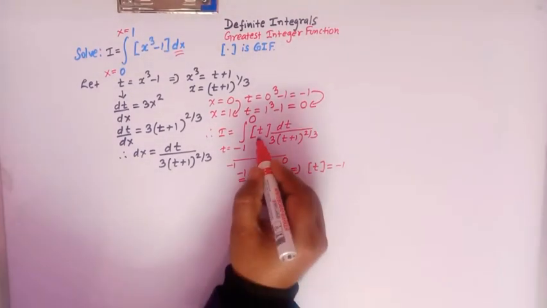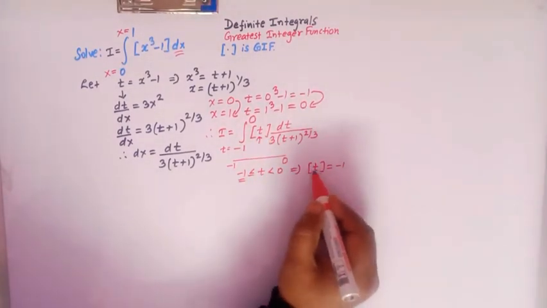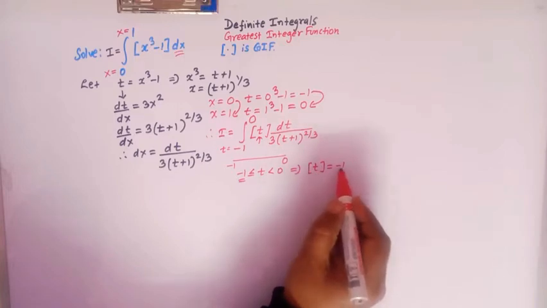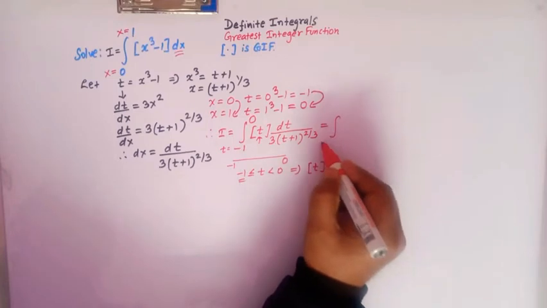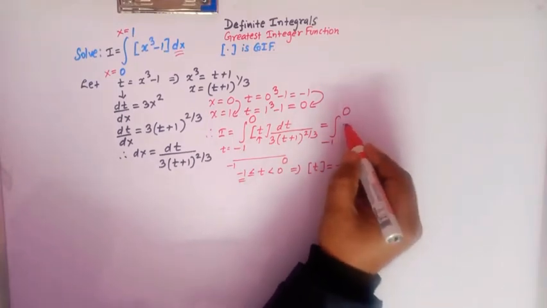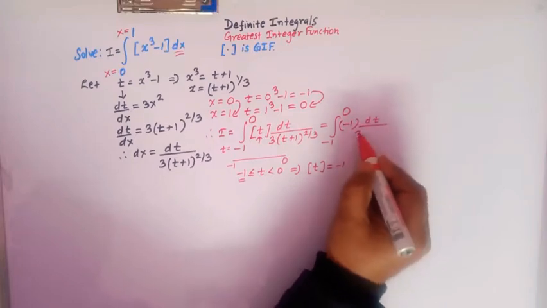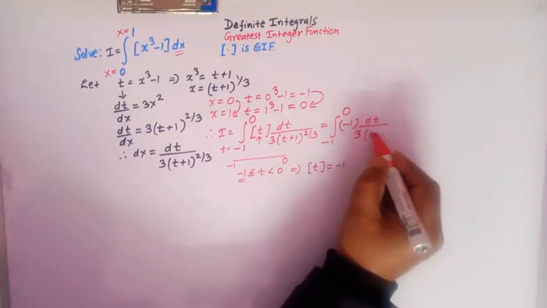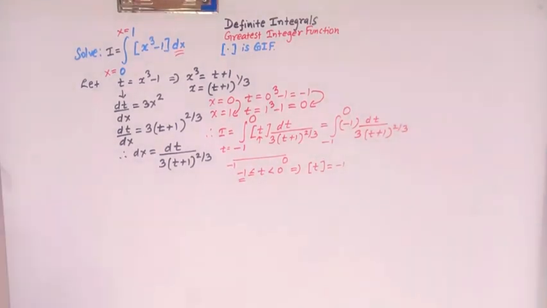So we can substitute for the greatest integer of t as minus 1. So now I becomes the integral from minus 1 to 0 of minus 1 dt over 3 times (t plus 1) raised to 2 over 3.